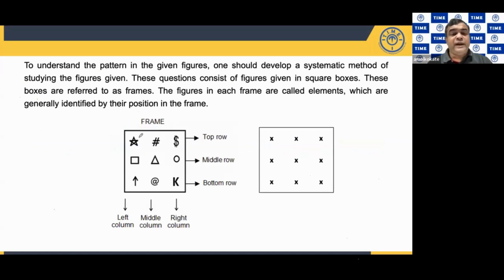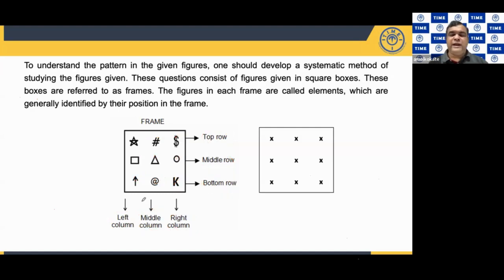Now, in that frame, these are the 9 elements I've shown you. Look at here: 1, 2, 3, 4, 5, 6, 7, 8, 9. So for our convenience, we can say top row, middle row, bottom row, left column, right column, middle column. Now these all things are for our communication.